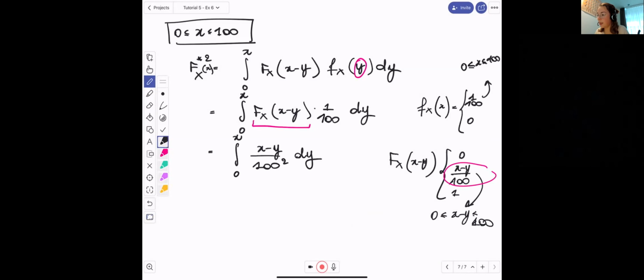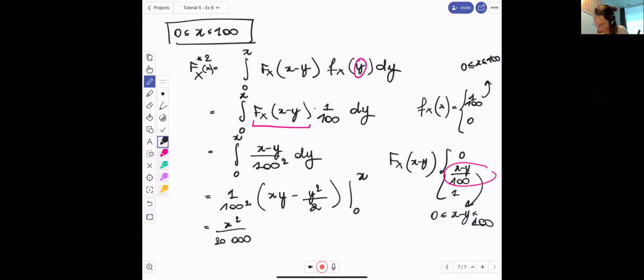If you solve this integral, you get 1 over 100 to the power 2 times x times y minus y squared divided by 2, evaluated from 0 to x, and it's x squared divided by 20,000. So this is the result for the twofold convolution evaluated in the value x, where x takes a value between 0 and 100. This is the expression that we need.